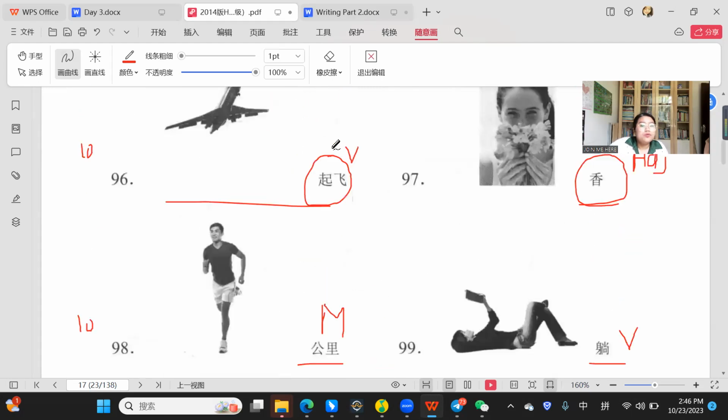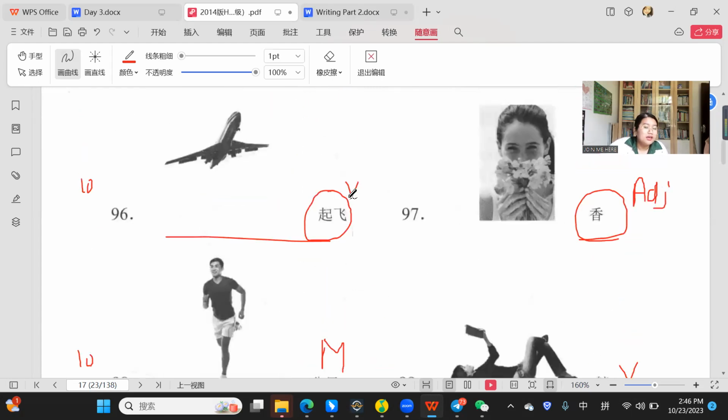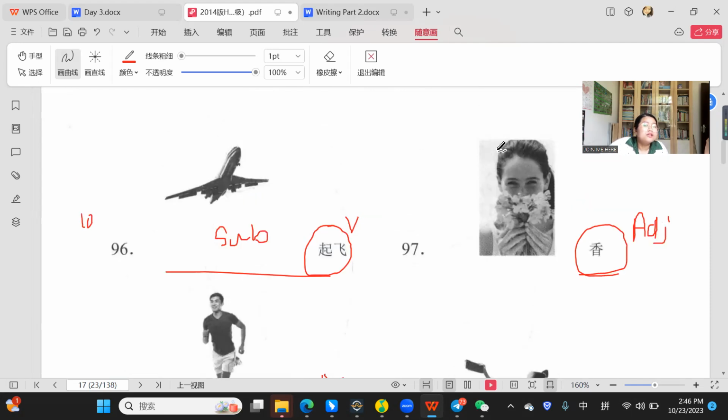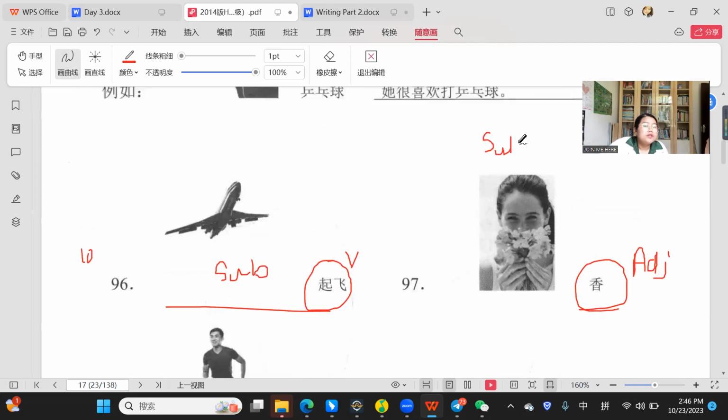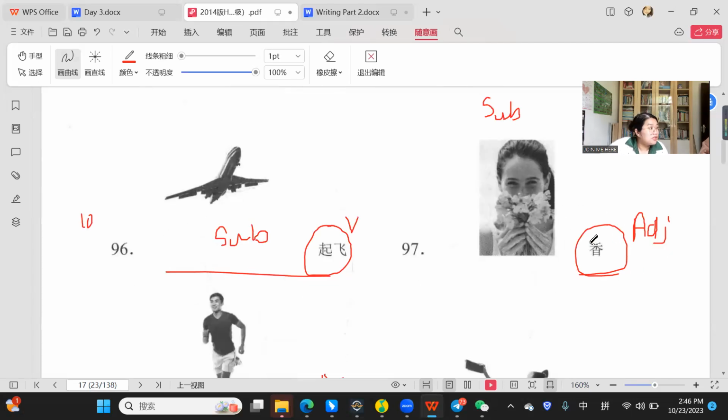So when you see one word, you have to think which subject we can use. The picture means they are giving you the subject. So in the subject place, you have to put the picture, and in the verb place, you have to put that word.